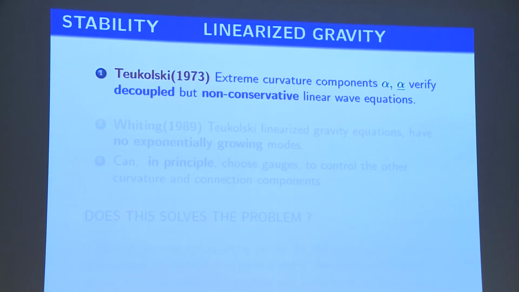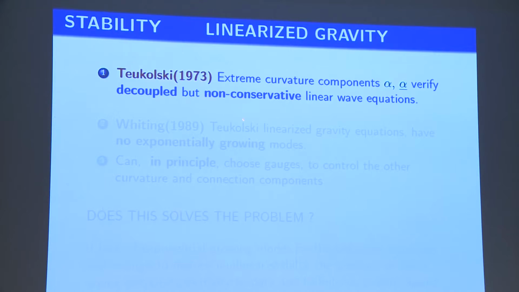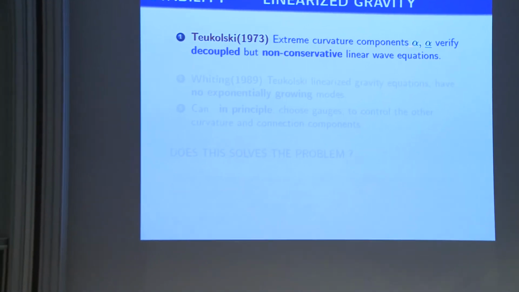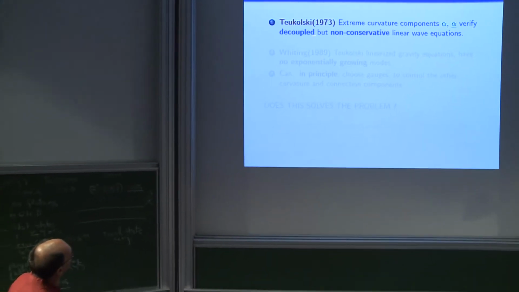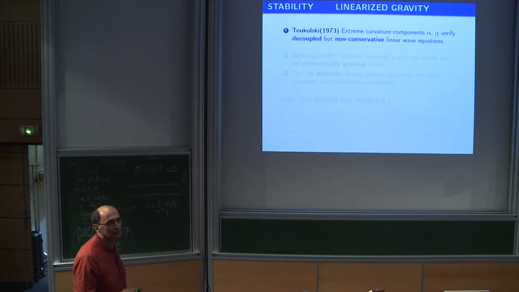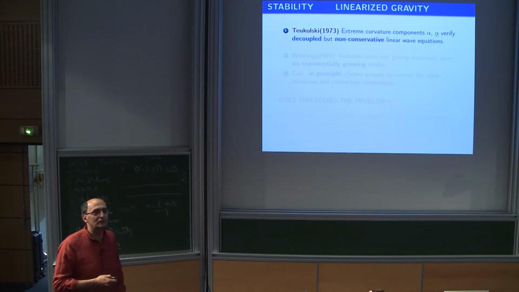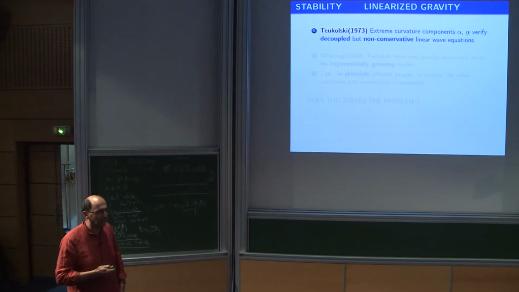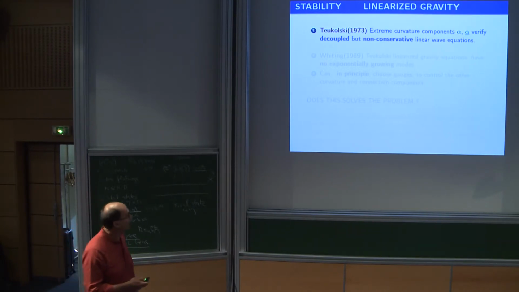And now, based on these observations, Teukolsky was able to show in 1973 that these curvature components which are invariant actually verify decoupled but non-conservative linear wave equations. Okay? So in other words, there will be some linear wave equations with low order terms which are non-conservative. They are not Lagrangian, they are not conservative. All right.